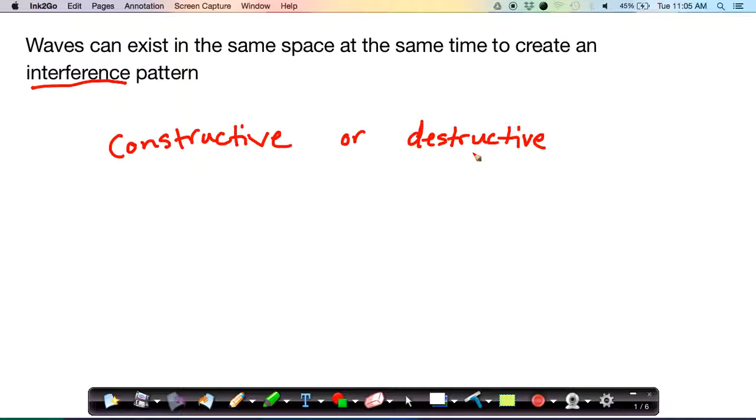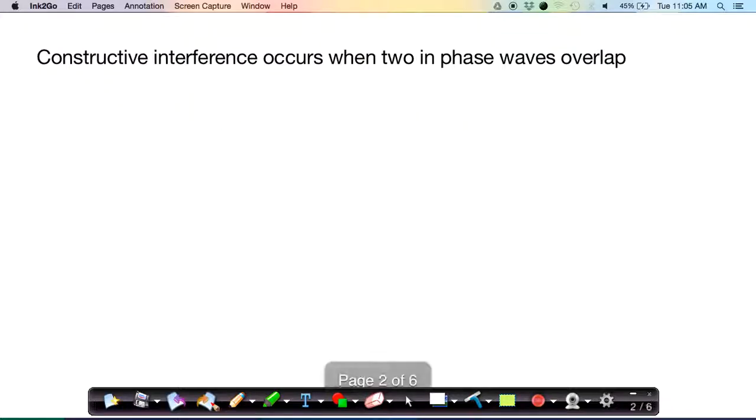And we can have different degrees of constructive and destructive interference as well. So we're going to look at the different conditions for interference here in our discussion today. And we're going to start out with constructive interference.